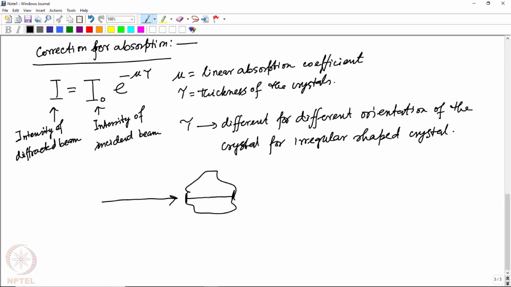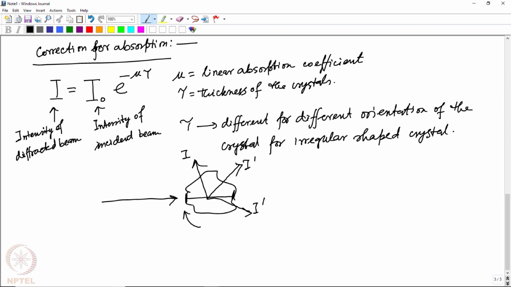But when it gets diffracted in this direction, or in that direction, the path lengths are not the same. As a result, the diffracted beam intensity suffers different absorption in different directions.